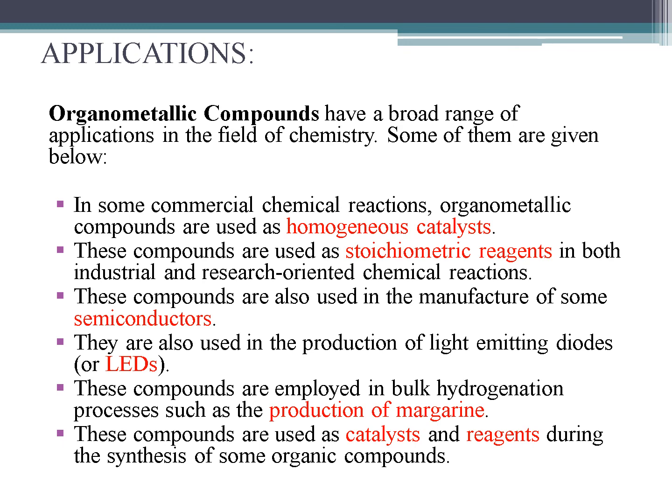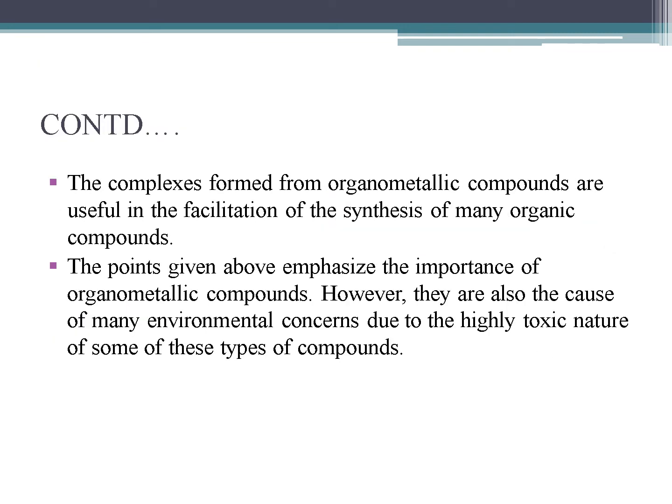These compounds are employed in bulk hydrogenation processes such as the production of margarine. These compounds are used as catalysts and reagents during the synthesis of some organic compounds, to speed up their reactions.